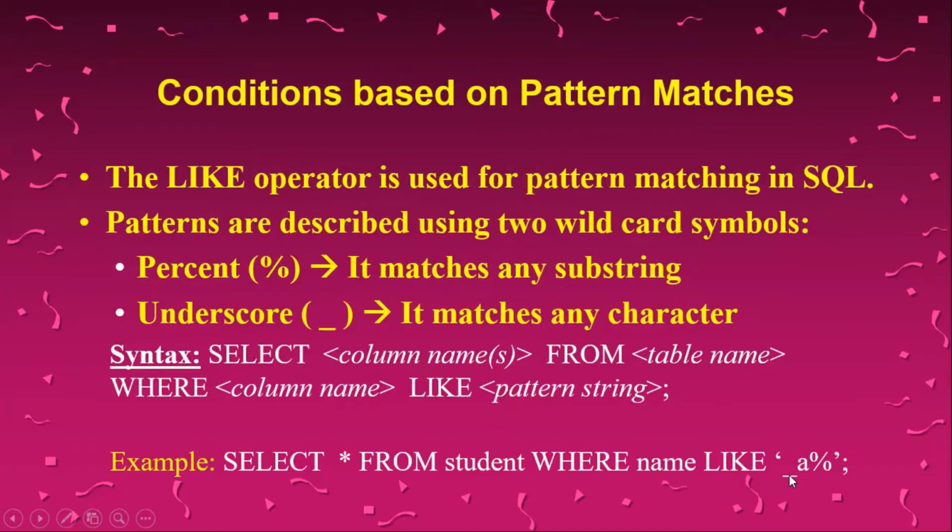Underscore is the wildcard symbol which denotes a single character. So for the first character, I have written underscore. After that, the second character will be A, and the remaining can be any substring, so percentage. It should be given in single quotation marks. Then after that, semicolon.